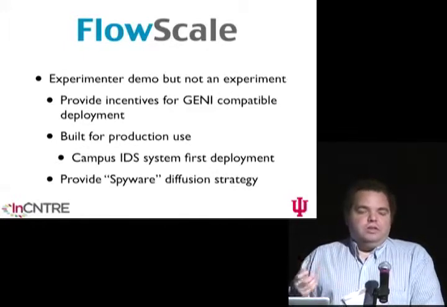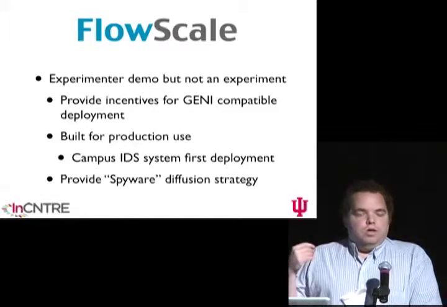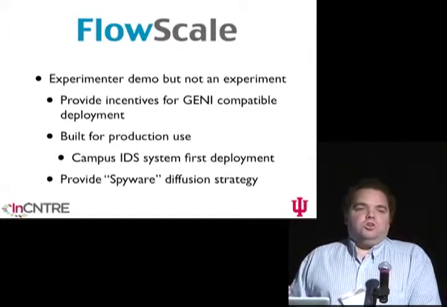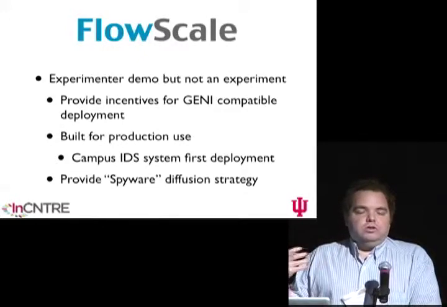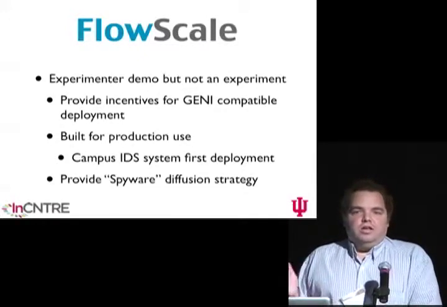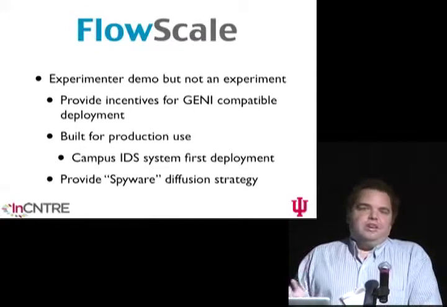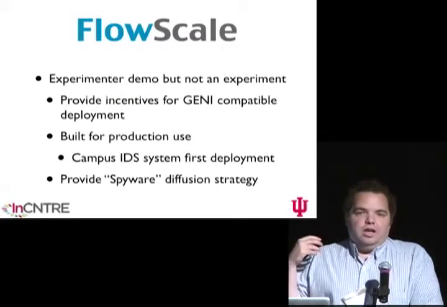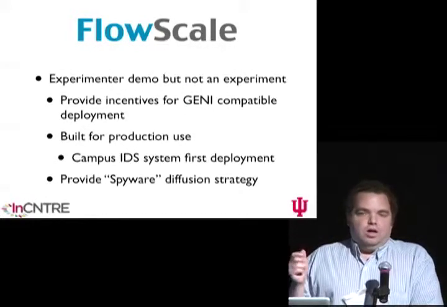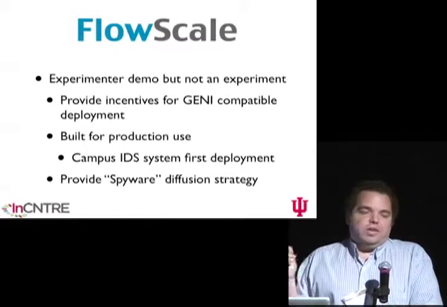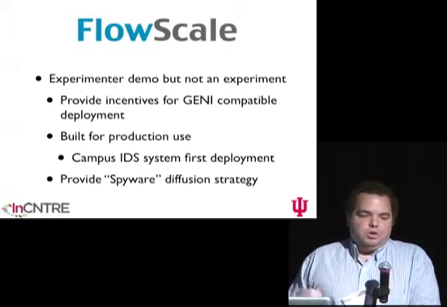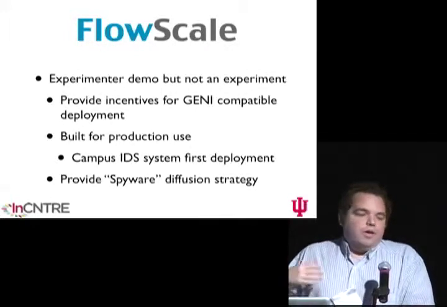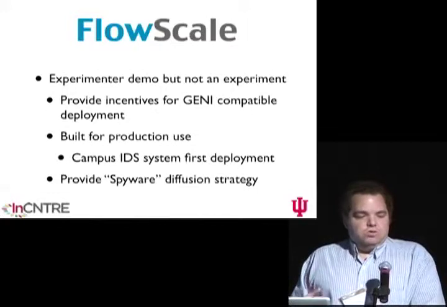And it becomes very easy for the network operators to opt in their networks, since it's using the same technologies that GENI will need to have deployed. And as Chip said at the beginning of the session, there isn't enough money to buy a separate internet for researchers. So applications such as FlowScale help deploy infrastructure that can be used for research. And it's really built for production use.